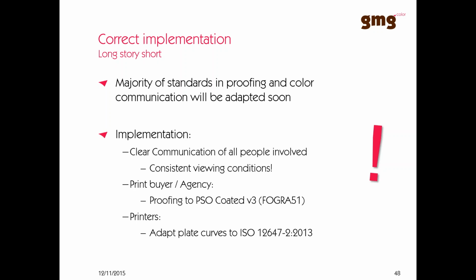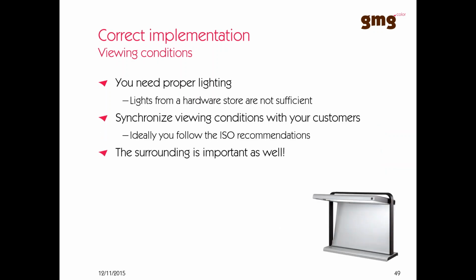The printers have to do one additional step. They have to adapt their plate curves according to the new TVI curves as they are described in the new revision of ISO 12647-2. The really most important part is you need proper lighting.